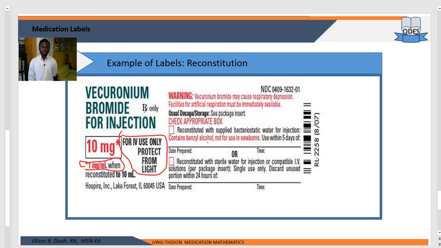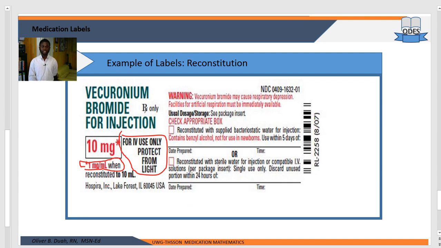So for example, here it says that it can be reconstituted with the supplied bacteriostatic water for injection, or you can reconstitute with sterile water for injection or compatible IV solution. And the package insert will give us more information. So normally we use either normal saline or sterile water to reconstitute medication.